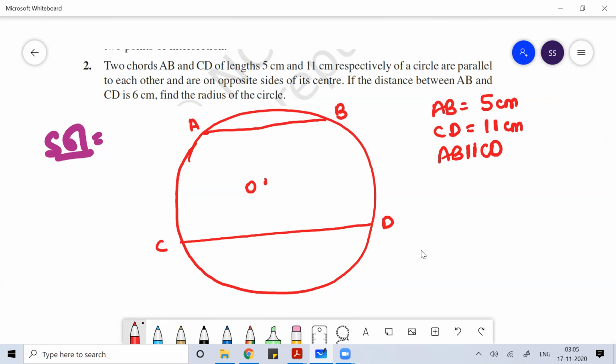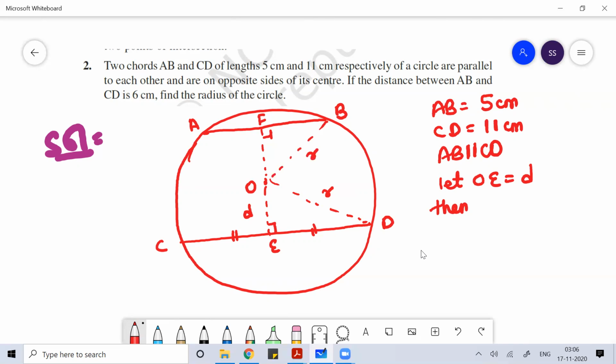If the distance between AB and CD is 6, and you draw a perpendicular line from the center, with radius R, suppose this is OE, you know that it will bisect. Let OE be equal to D. Then this is OF, this is also R. Then OF will be equal to 6 minus D.